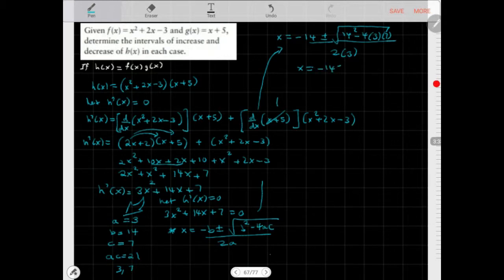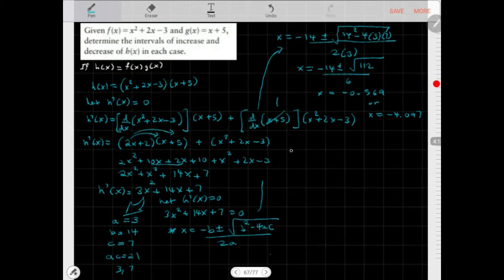So this gave me negative 14 plus or minus the square root of 112, over 6. Now what I want to do is create decimal values just so I can perceive these intervals a lot better, right? So you need to look at the positive and negative values. I'm just going to round this to 3 decimal places. So those values are going to be negative 0.569 and negative 4.097. Okay, so those are my two critical points.